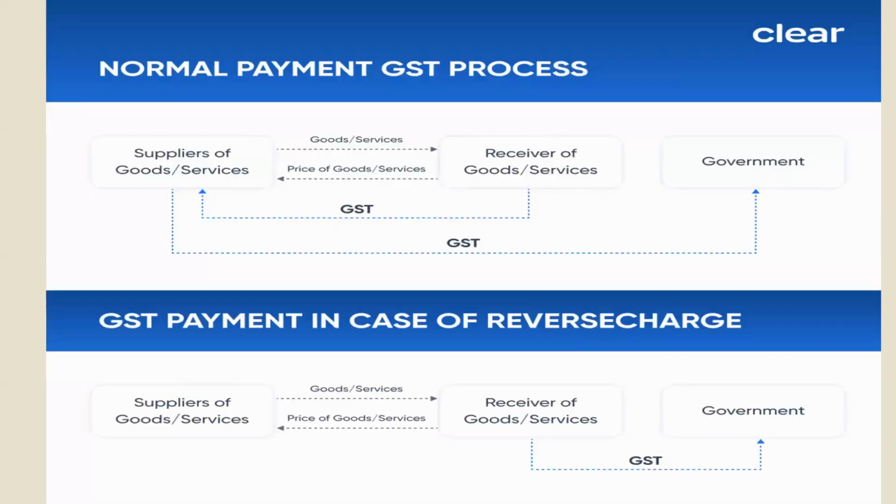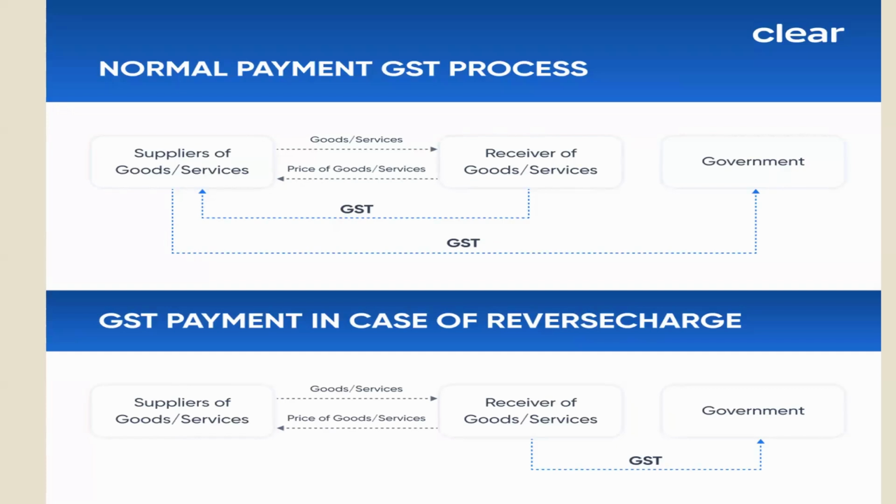This is what is called the normal GST process and reverse charge mechanism. Okay, reverse charge process. We need to understand this before we go further. So in the normal payment and GST process, you can see there is a receiver and there is a supplier. The goods or services go to the receiver, and the price of the goods comes to the supplier.